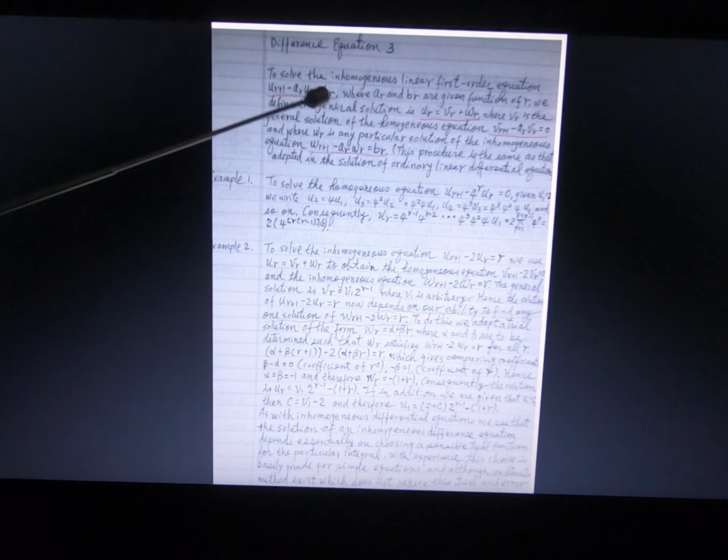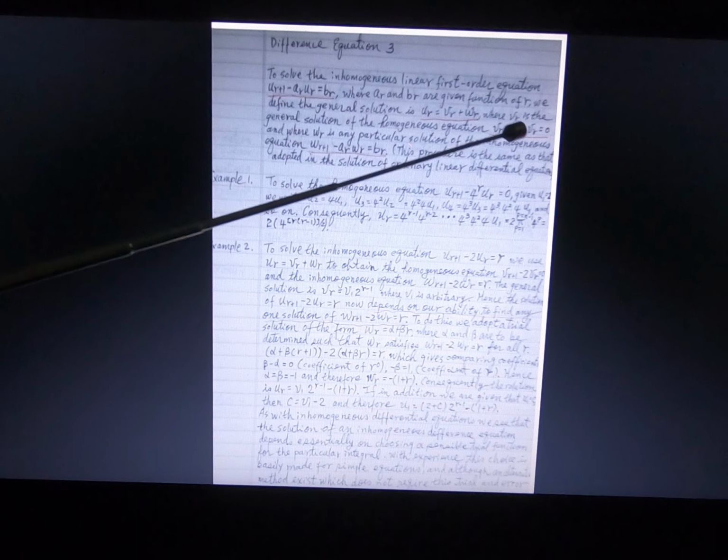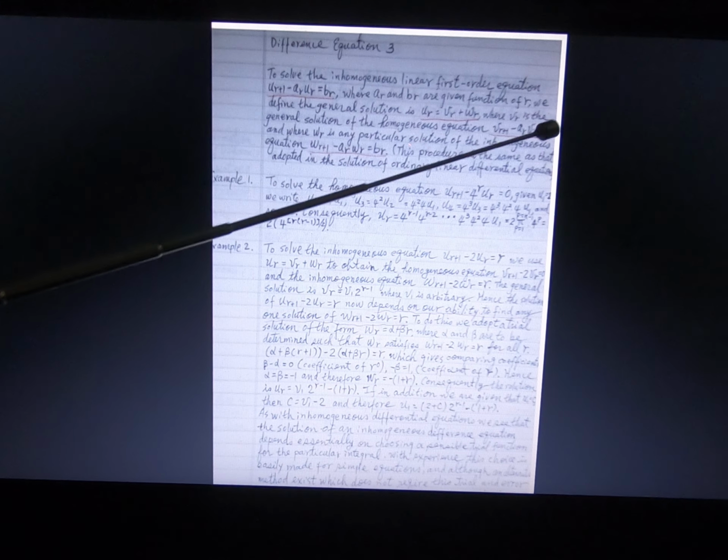So to solve an inhomogeneous equation, you assume u_r is v_r plus w_r, where v_r is the homogeneous equation and w_r is the inhomogeneous part. These are example 1.